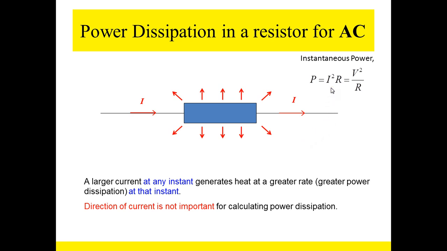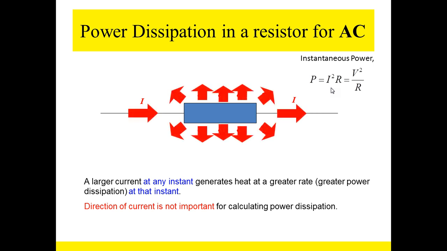Notice the size of the arrows. If we increase the current, the power becomes larger. Increase the current again, the power becomes larger. Note that all this power is the instantaneous power. This is the power at a specific point in time related to a specific value of the current.